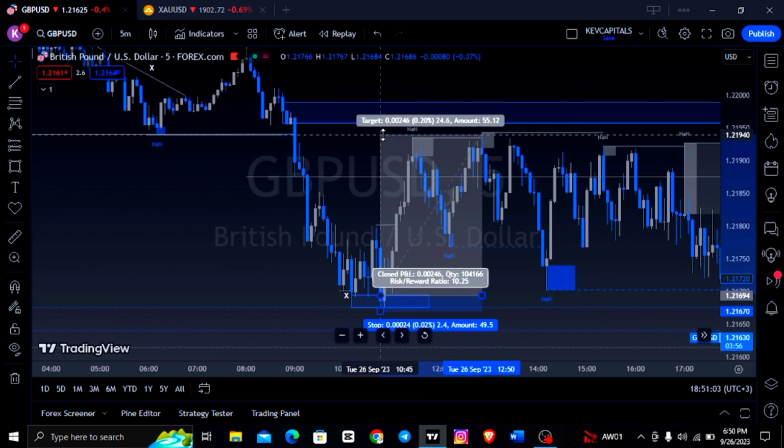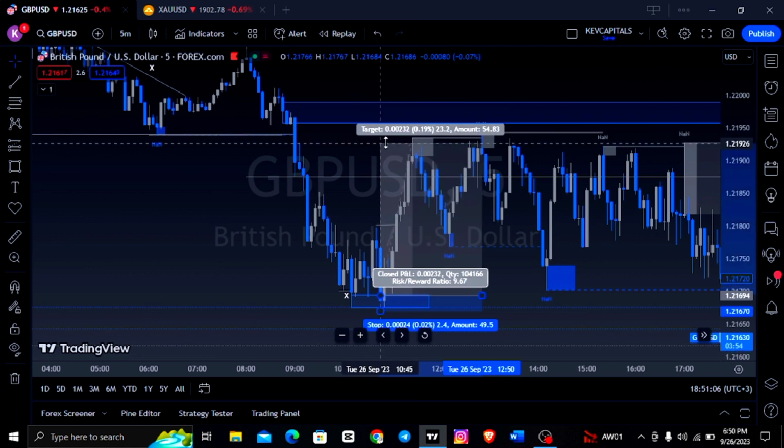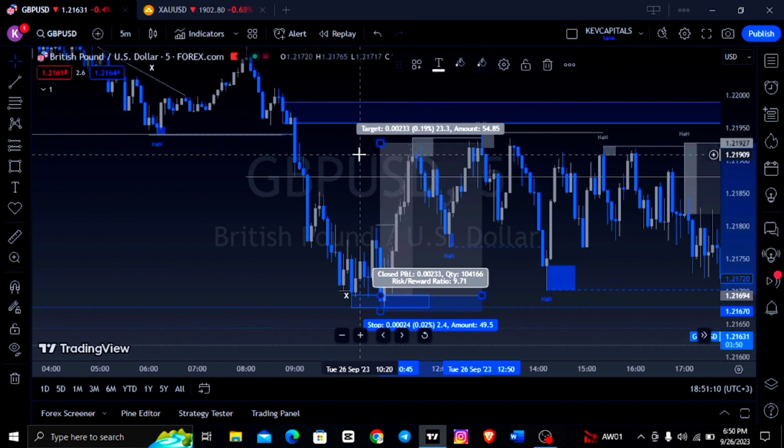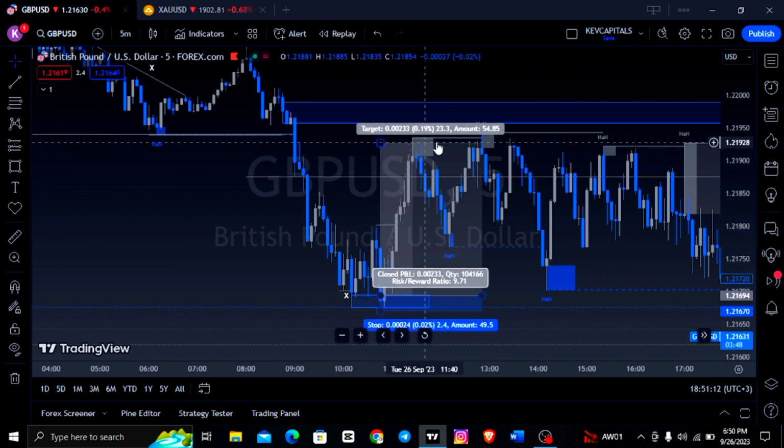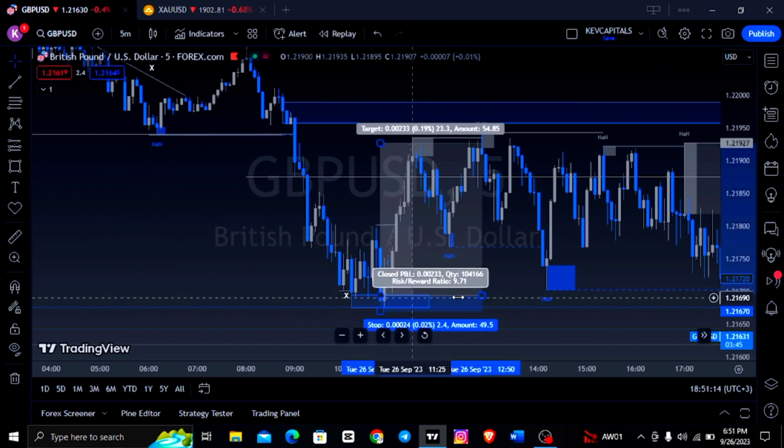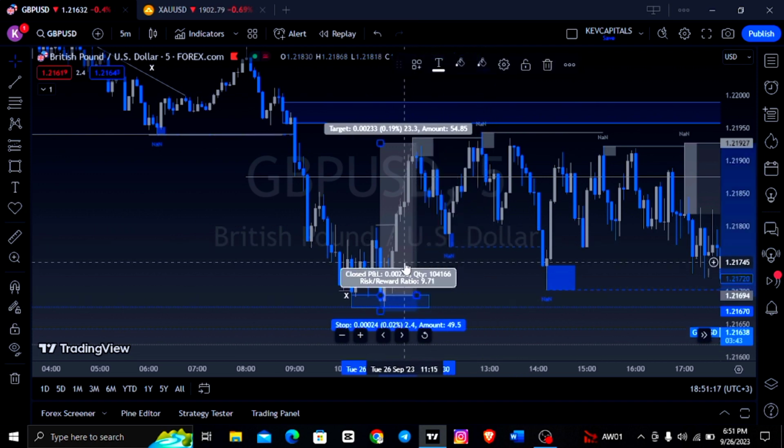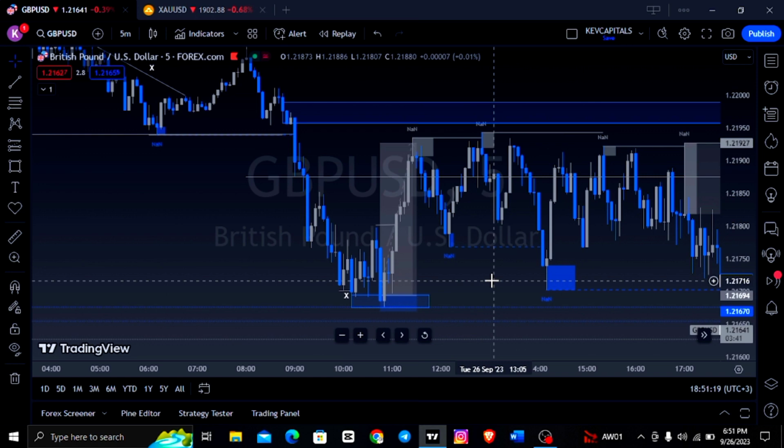You take profit at this point, just at the beginning or at the end of the fair value gap. So you could have taken that 9 risk to reward.